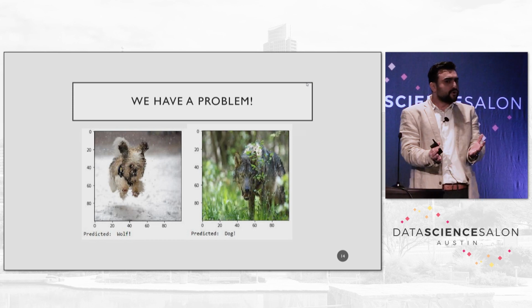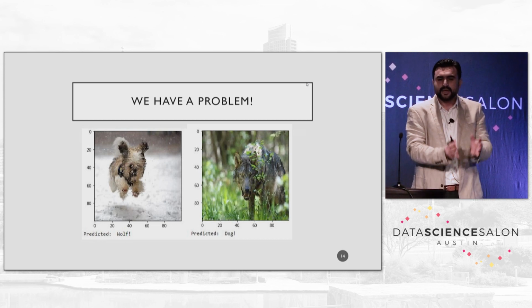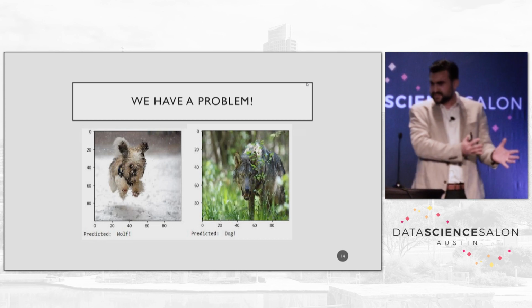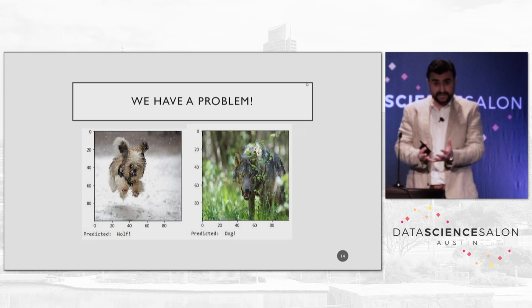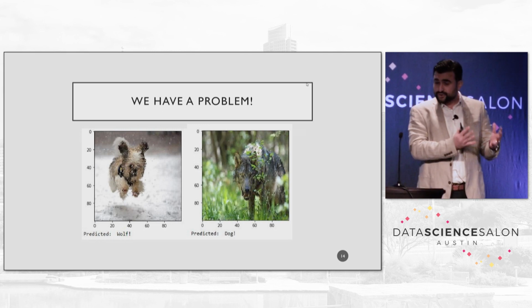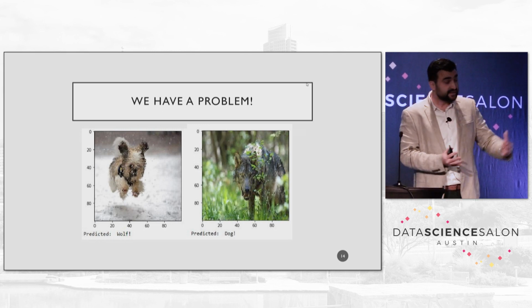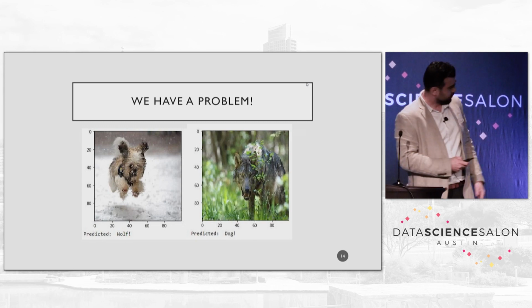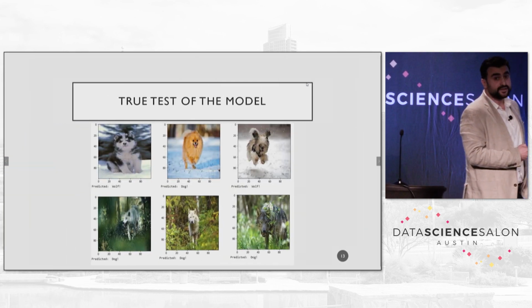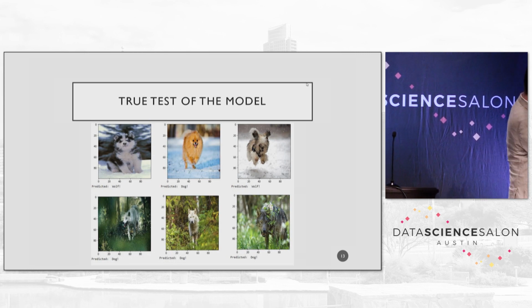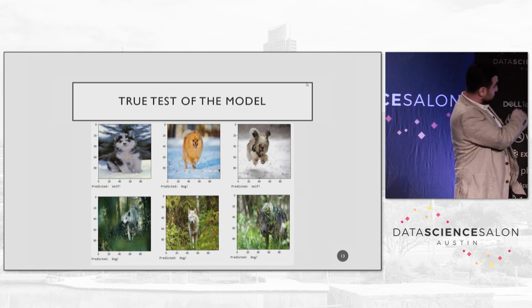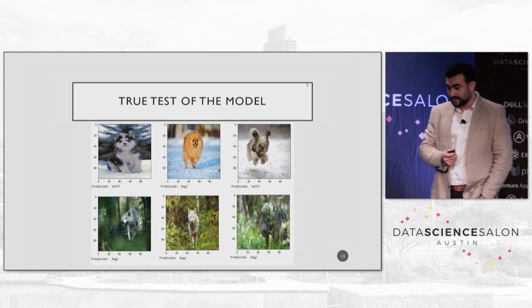So we may be wondering, how come it was that successful in the training, validation, but in the true test, it failed so badly, right? I think it classified only one sample correctly, which was the yellowish-looking fluffy one.